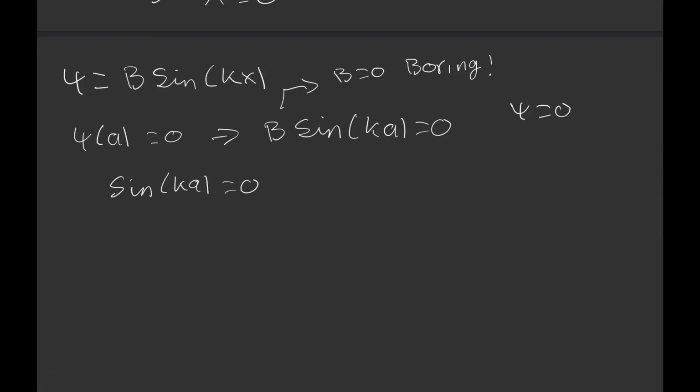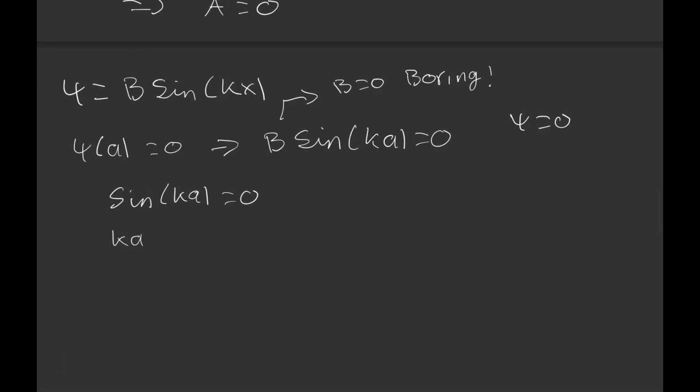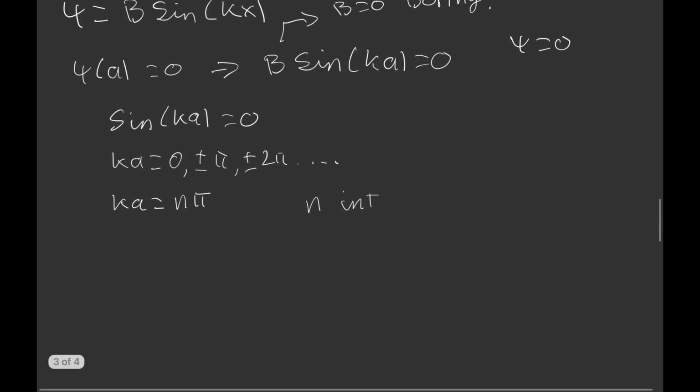Now, the sine of kappa a is 0, of course, if kappa a is 0 or plus minus pi or plus minus 2 pi and so on. We can also write this down as kappa a is equal to n times pi, where n is an integer, and it can be either positive or negative. This means that kappa is equal to n pi divided by a.